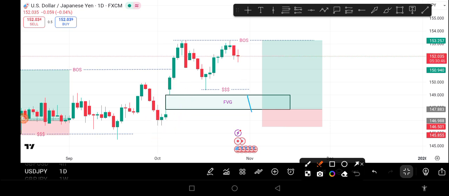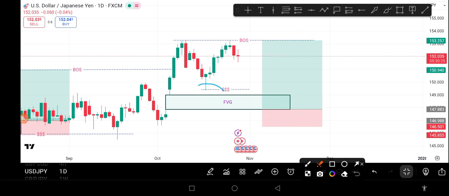So it must come back, fill this gap, tap into this order block. I'll wait until it taps into an order block, and if it fails to come to this order block here, I'll check my change of character from this fair value gap to the upside. I'll enter my trade somewhere here, and then I'll target this high to be taken out.